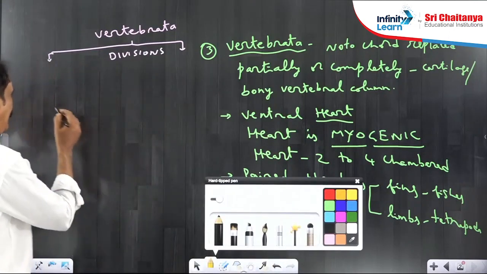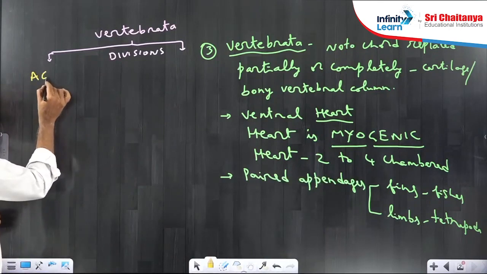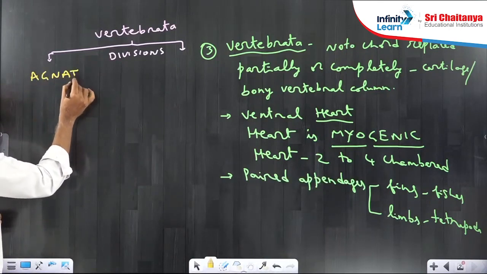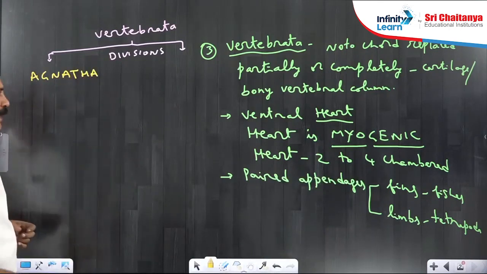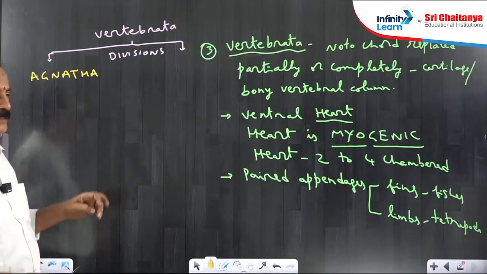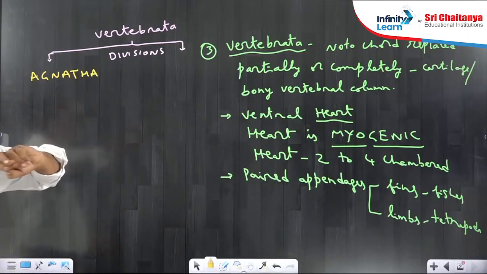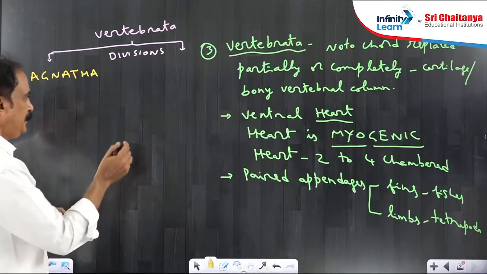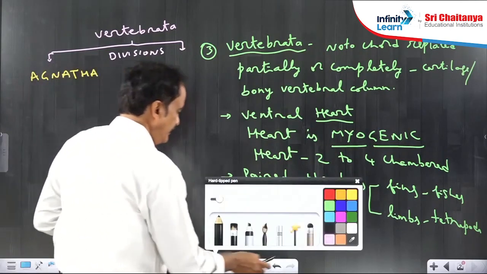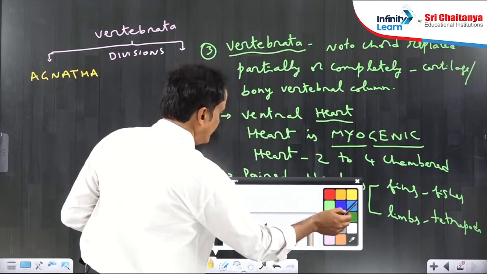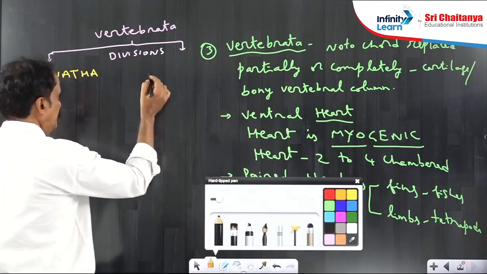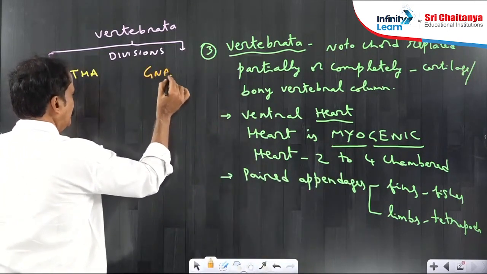If jaws are absent, they come under a division called agnatha. G is silent, we pronounce it as natha, agnatha. If jaws are present, they come under the division called gnathostomata.